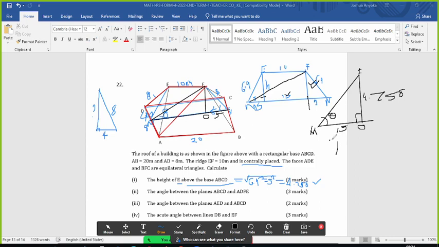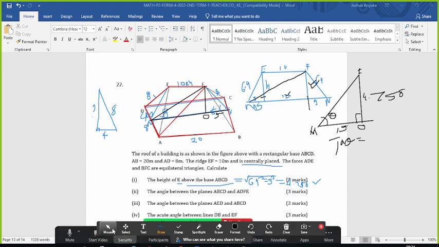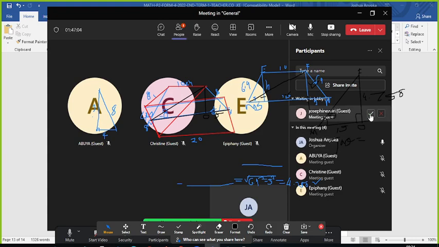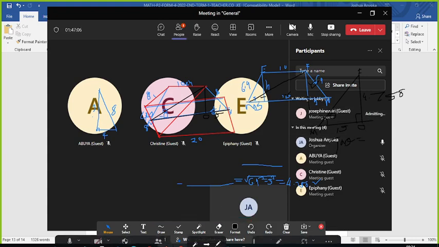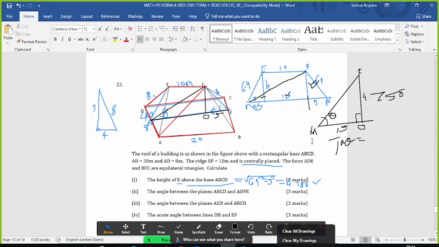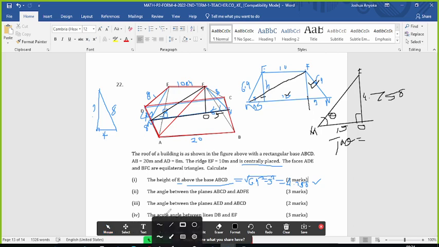So we can say tan theta is equal to opposite over adjacent, from the triangle we have extracted.